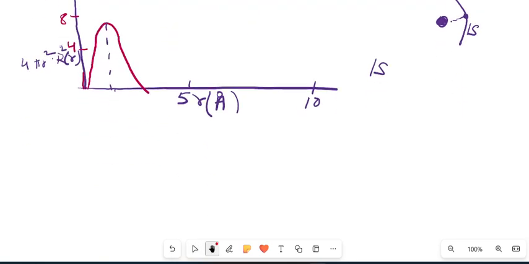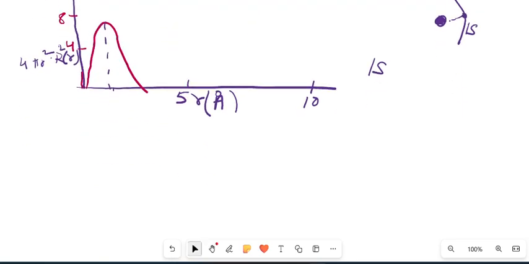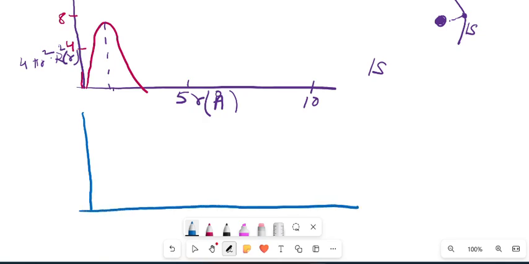Similarly, we draw for the 2s orbital. On the y-axis is 4 pi r square R square, and on the x-axis we mark 1, 2, 3, 5, 10.